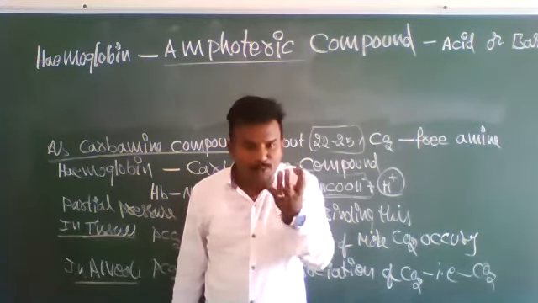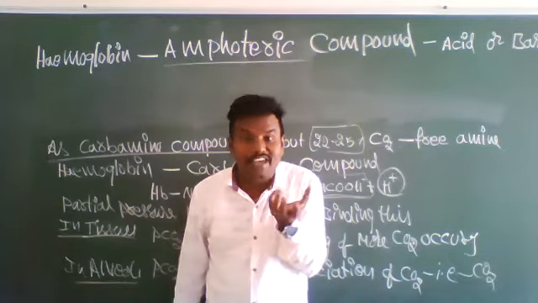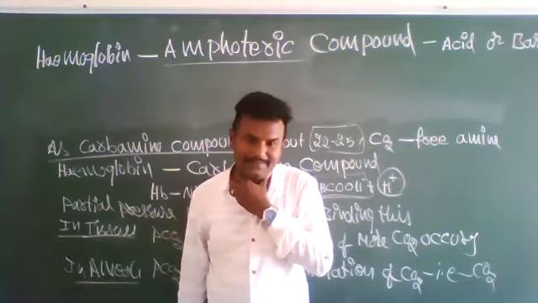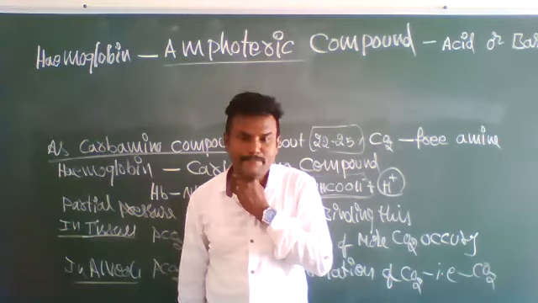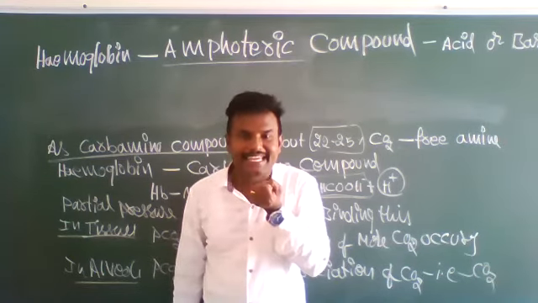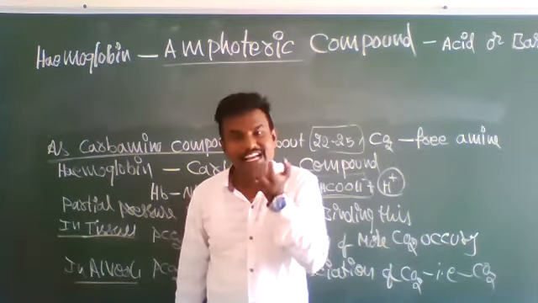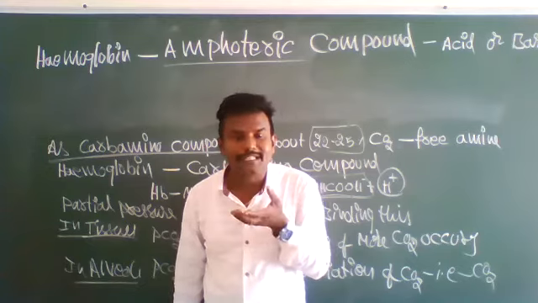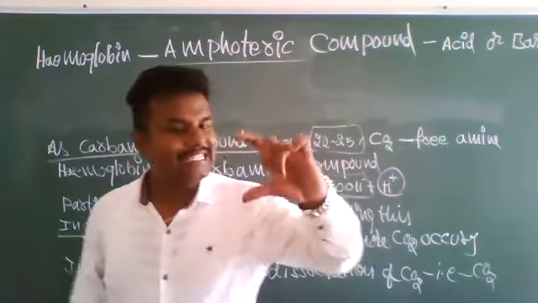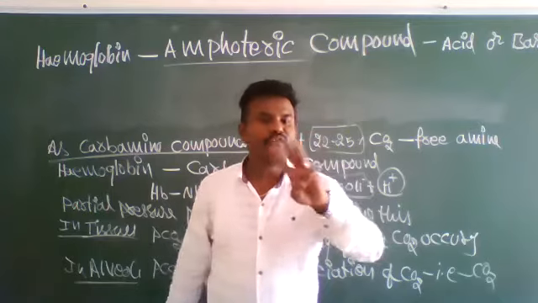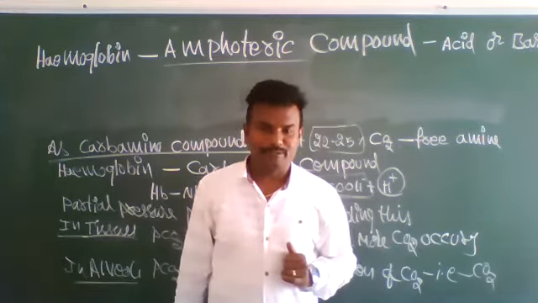What is that? Hemoglobin can carry oxygen where oxygen is rich. At that moment, it leaves carbon dioxide. And hemoglobin carries carbon dioxide where carbon dioxide is rich. At that moment, it leaves oxygen. This is important for the objective discussion. Whatever points I said, 3-4 bits, they will ask in the objective discussion.